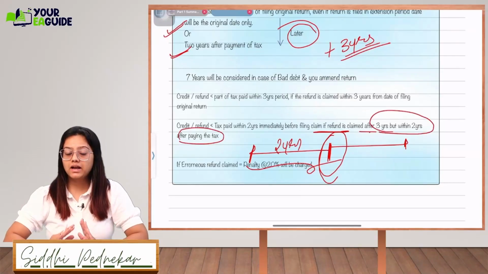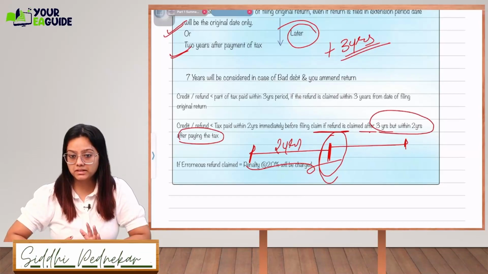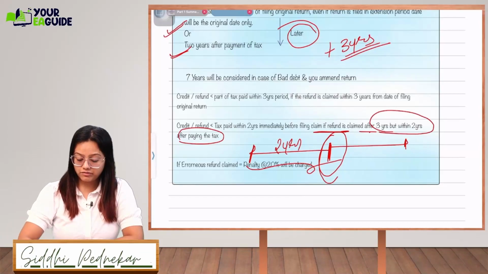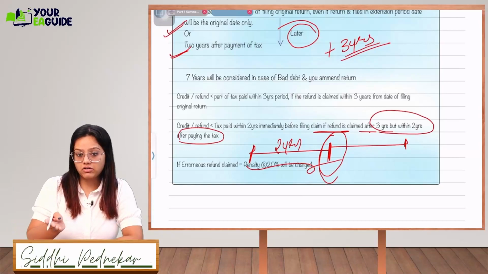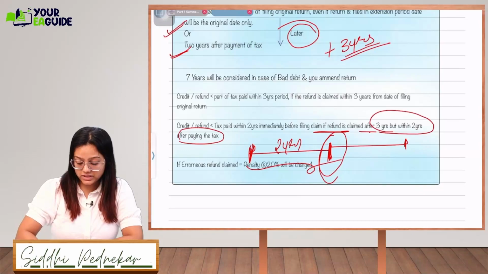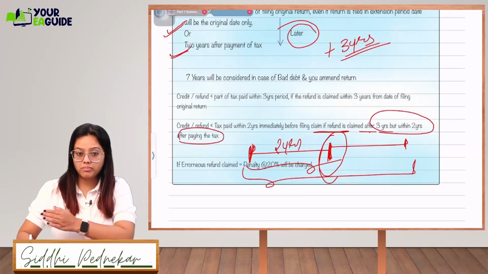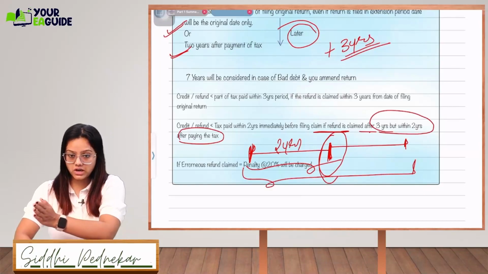Means simply I'll sum it up: from the date of filing the claim back calculate 2 years, or from the date of filing of the claim, from this date check 3 years ahead, go back first 2 years and come 3 years ahead.